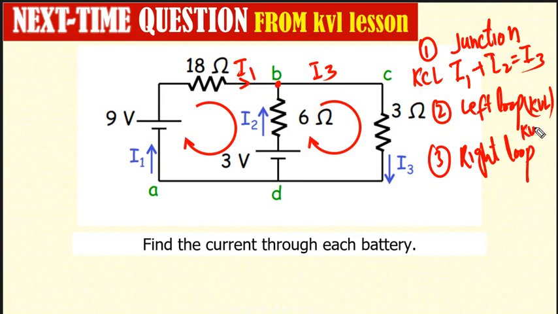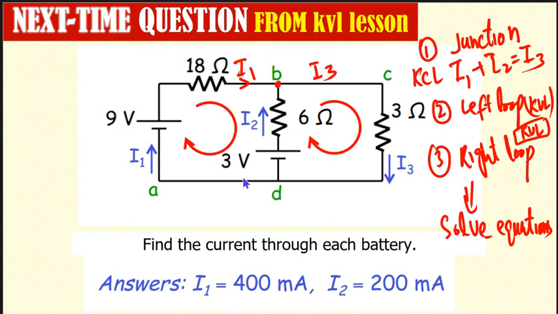And the next step will be simply to solve the equations. So this will be the last step, and you will be able to find the values of I1 and I2. I have also written answers for you.